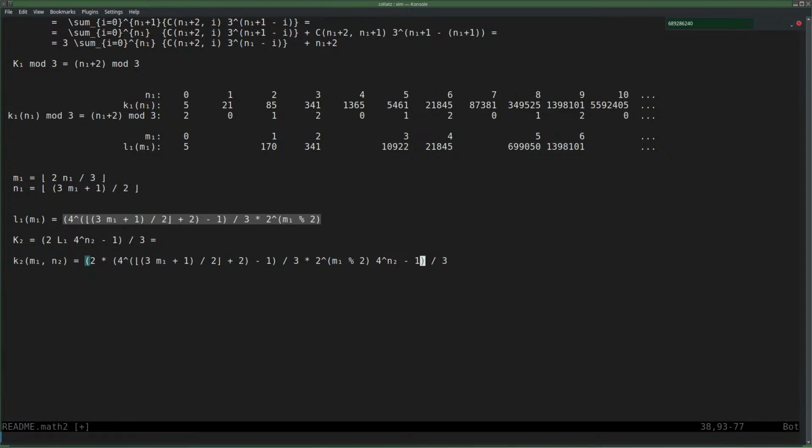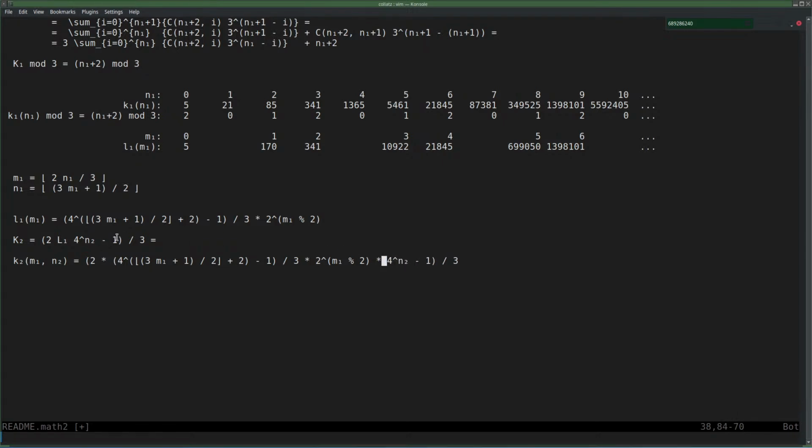I'll have this 2 here, and the power of 4 is n2 here. Let's put a star in front of that as well.